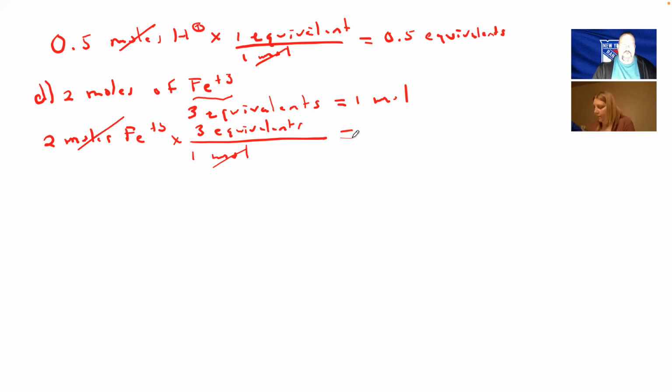So if you have 2 moles of iron plus 3, that would be the same as 6 equivalents. So essentially it's just another way of counting.